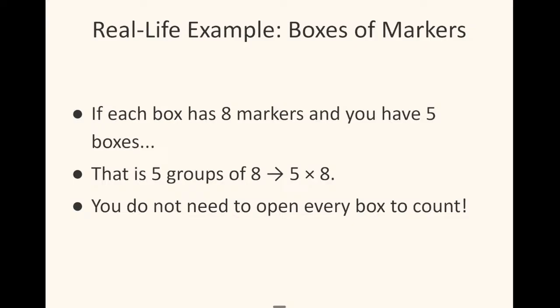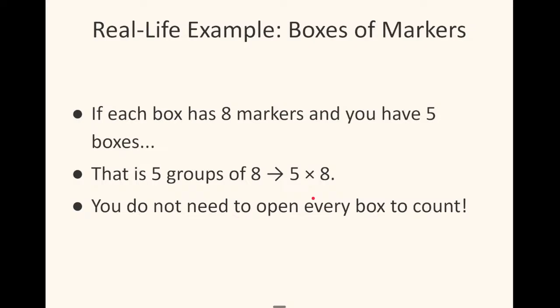If each box has 8 markers and there are 5 boxes, then this example would create 5 groups of 8, which would also equal this equation, which is 5 times 8. Instead of opening each box in this example, we can just write this equation.